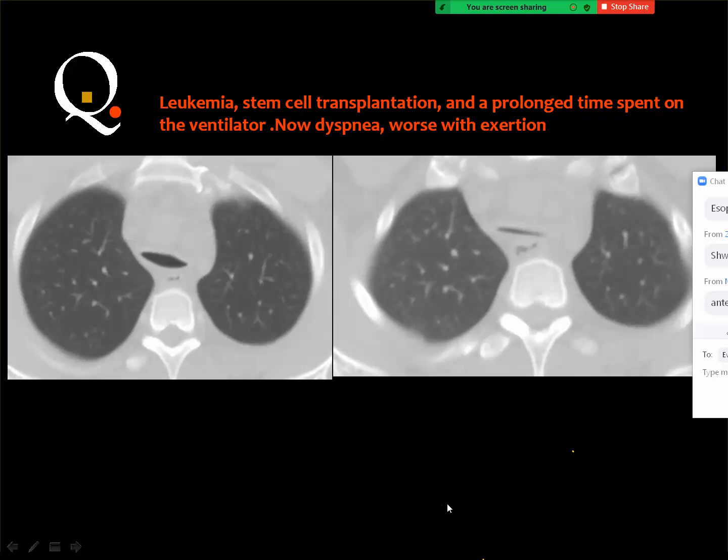Anterior mediastinal mass, and actually we cannot say that because the window is not appropriate. Tracheal stenosis. Yes, the answer is tracheomalacia.